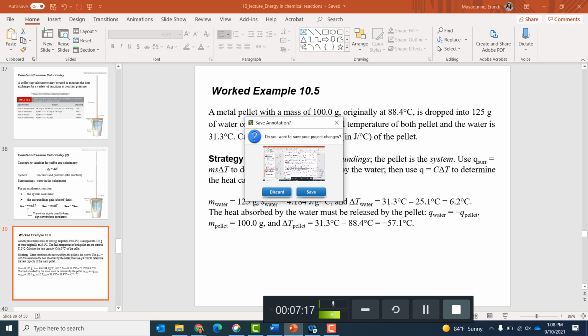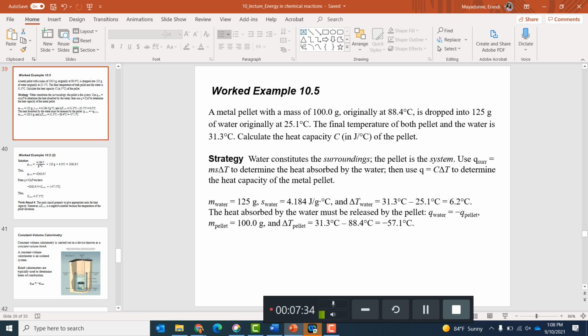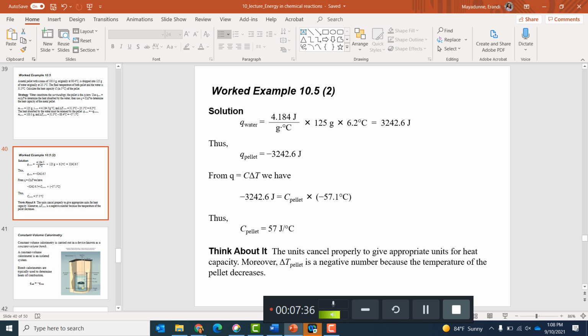You have some idea, before we go to the next page, what numbers we are looking for. Here you see Q water: mass, C is specific heat capacity, temperature change, and then Q pellet. That equals the Q. But they don't ask for the specific heat capacity, they ask for the heat capacity.